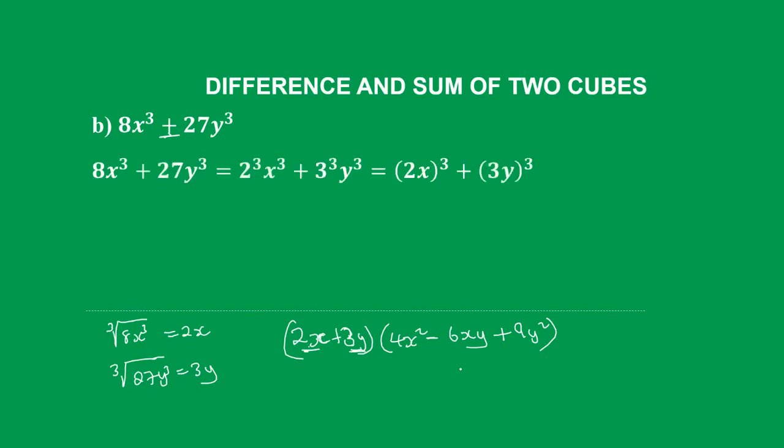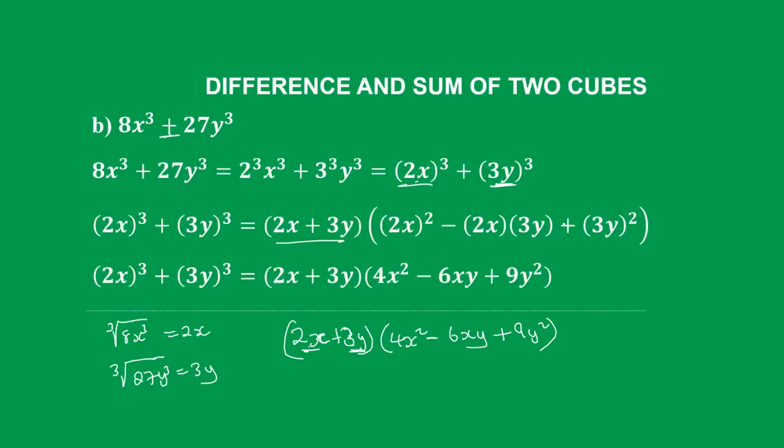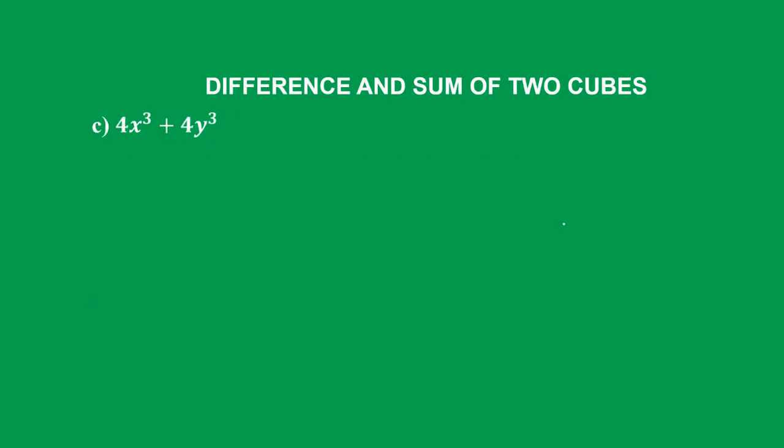So we get that. Then the last one, be careful with this one. There's a highest common factor, so we factor out 4 first. So it's going to be 4, then x cubed plus y cubed. And then we can factorize this. Cube root of x cubed is x, cube root of y cubed is y.